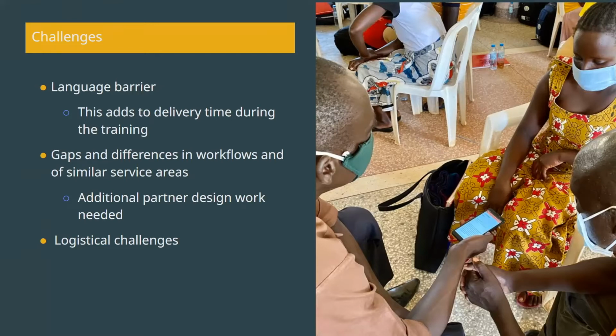The other thing was the gaps and differences in workflows of similar service areas. Partners design their work in a way that they have programs and goals in those programs. The workflows, remember, are developed in the CHT according to the standard ICCM practices.